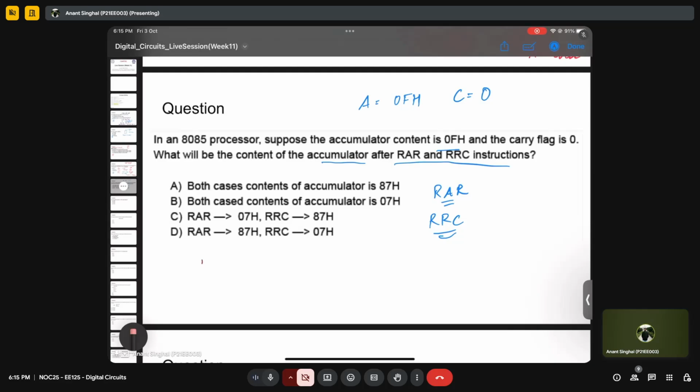Is anyone aware of what RAR and RRC stand for?